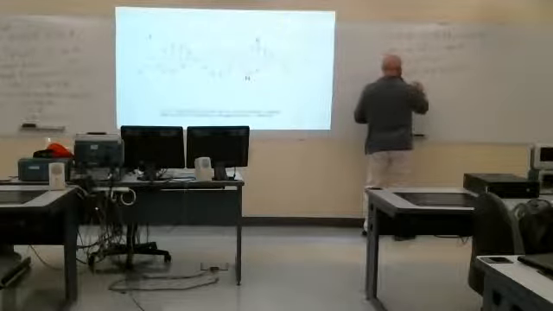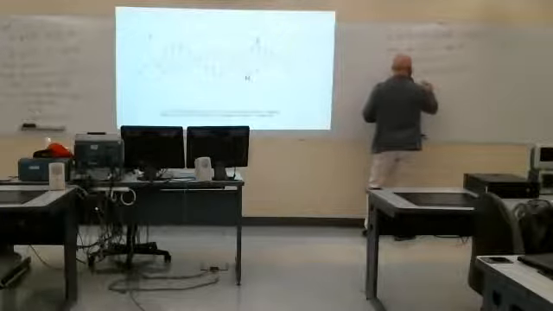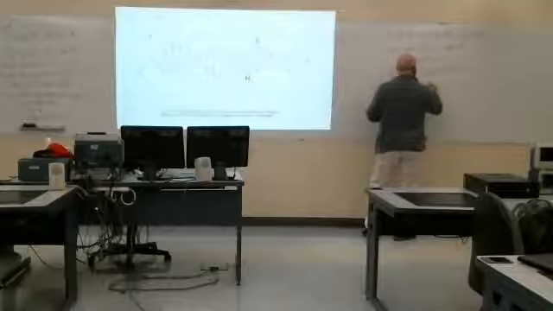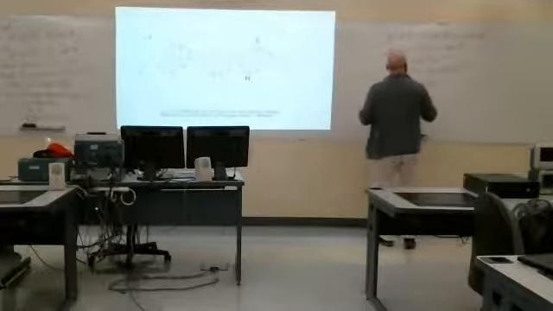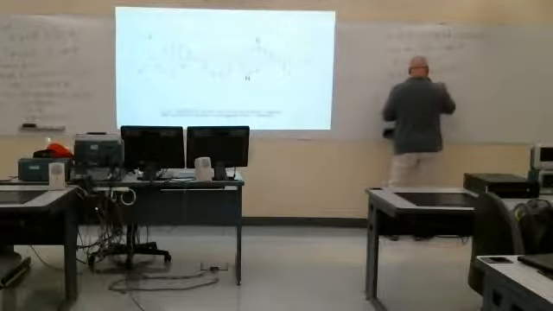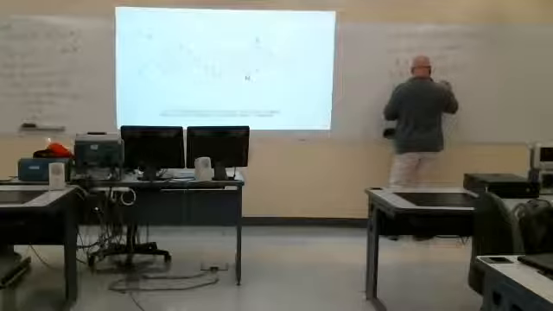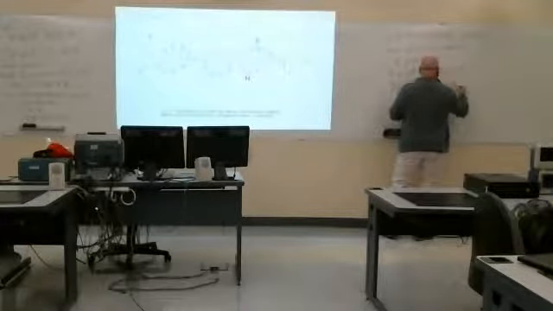K is 2 over square root of 5 x hat minus y hat 1 over square root of 5. And E was given. It's x hat 1 over square root of 5 plus y hat 2 over square root of 5.